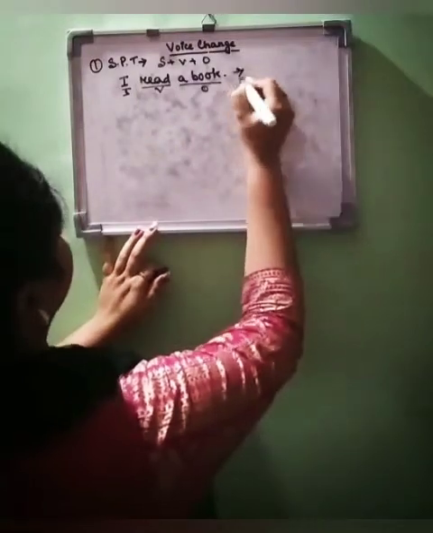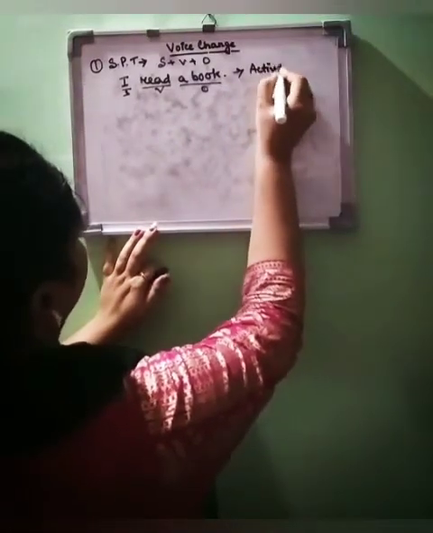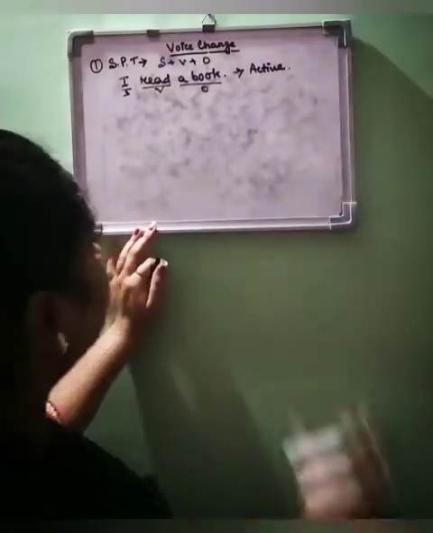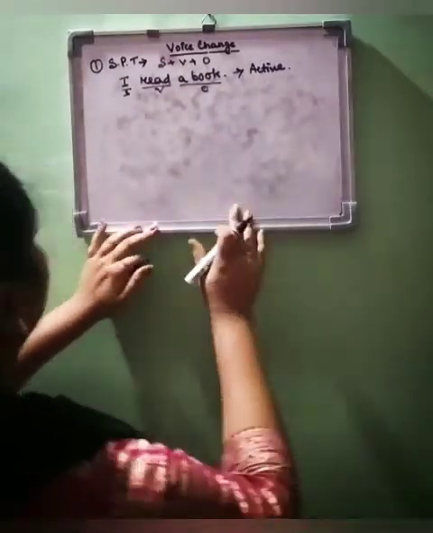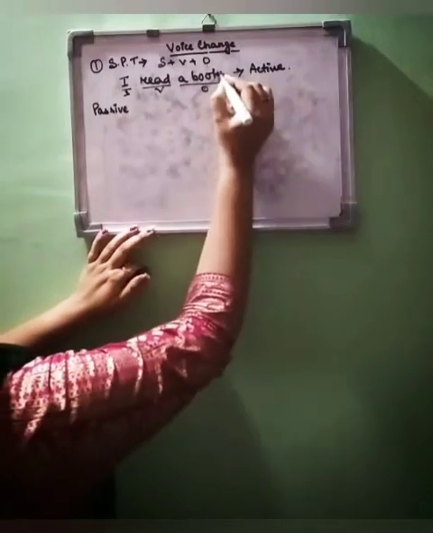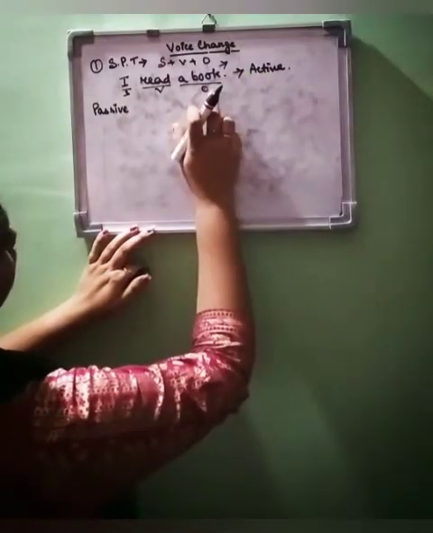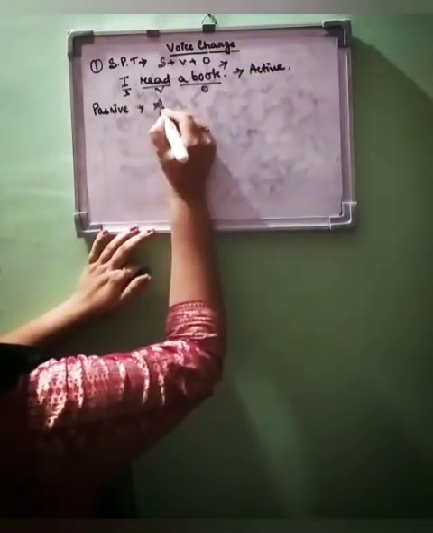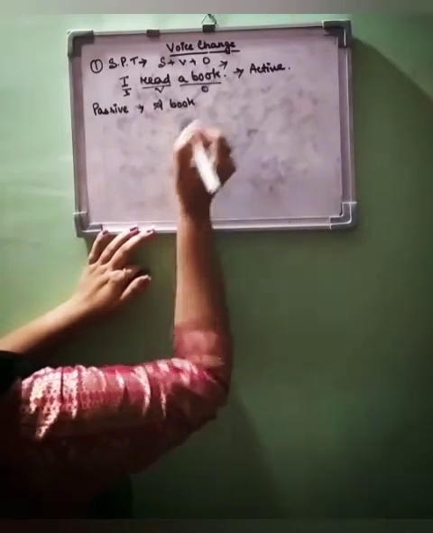Let's see now. So this is an active voice. Now while we change this into passive, how will we write? Let's write here passive. As this is our object, we will write a book.